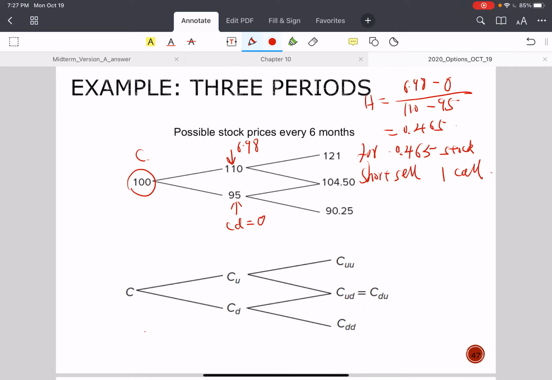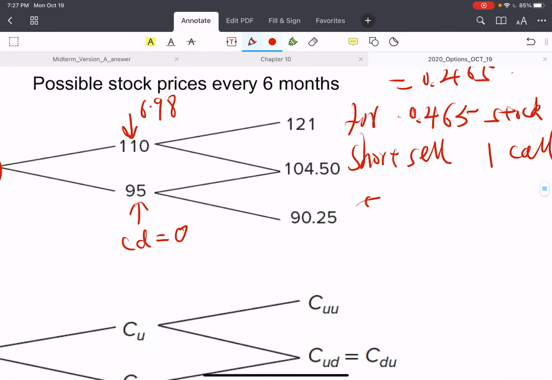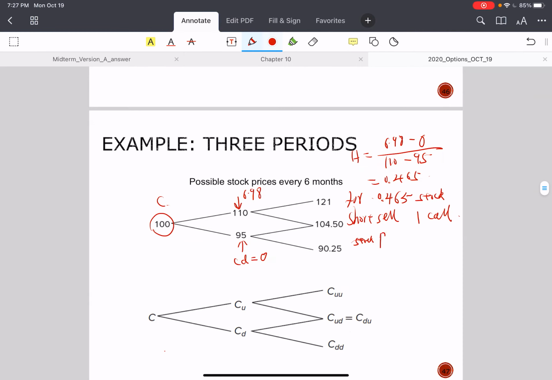So how do we find out the price of the call? So let's again examine the portfolio's value, right? So let's say if stock price is 95. What is your portfolio's value? Well, you have this number of stocks times stock price. What is the payoff from the call? Well, obviously, in this case, the call will just expire worthlessly because it's out of the money, right? So it's just zero. And in this case, your portfolio's value would be $44.175.